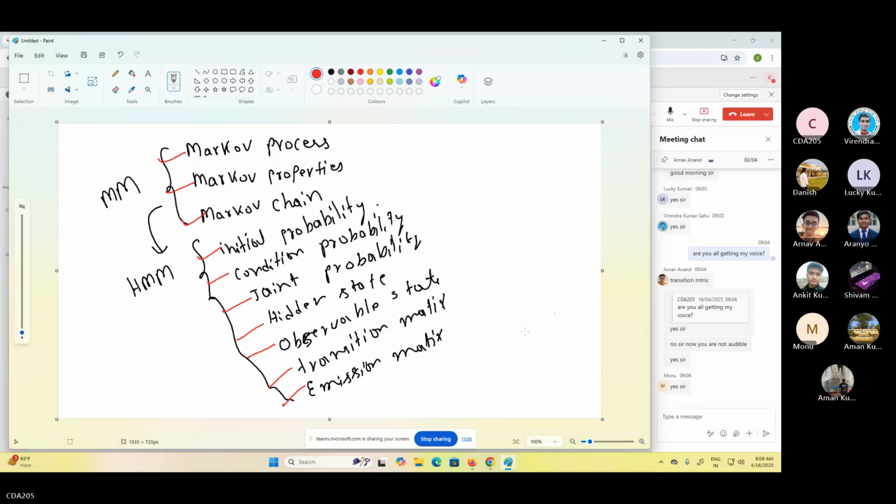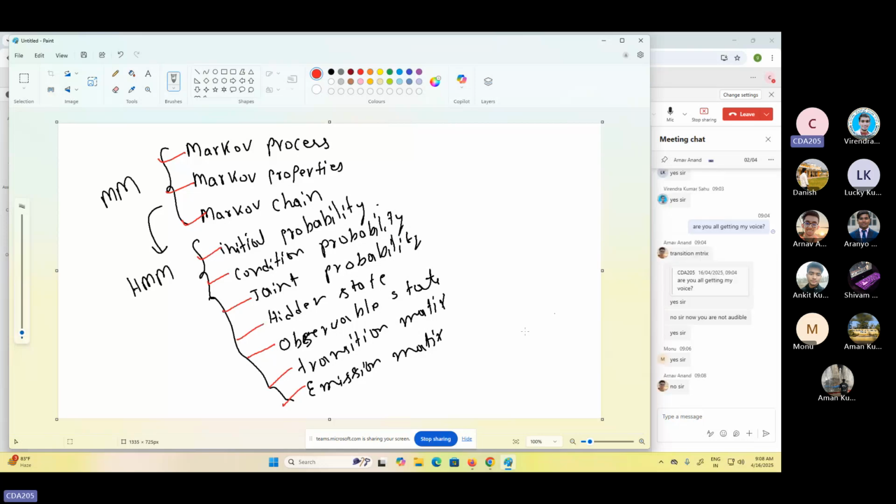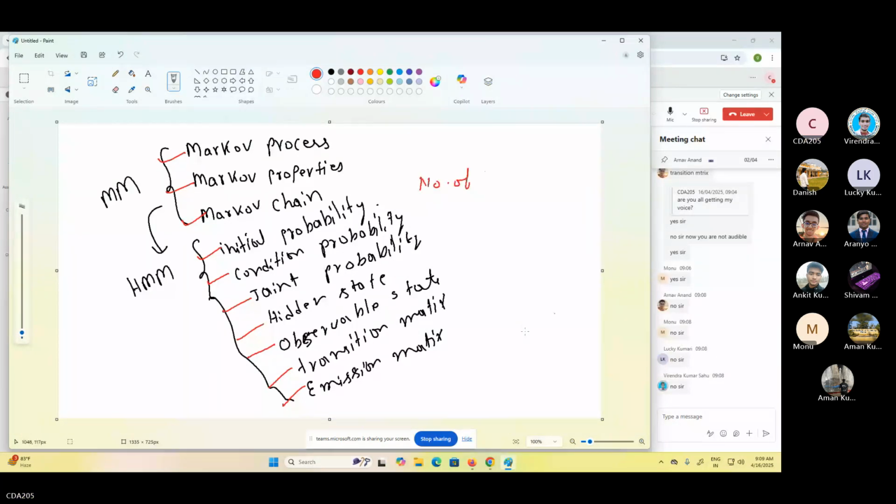Now the problem with the hidden Markov model is that if the number of hidden states is 50 and the number of observable states is 100, how many possibilities are there?